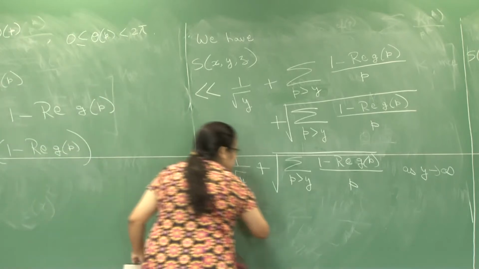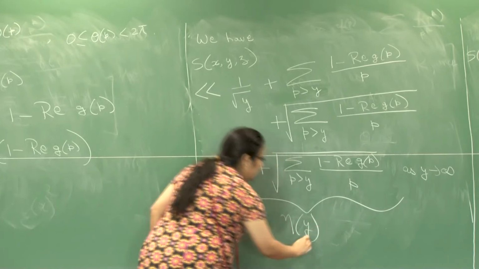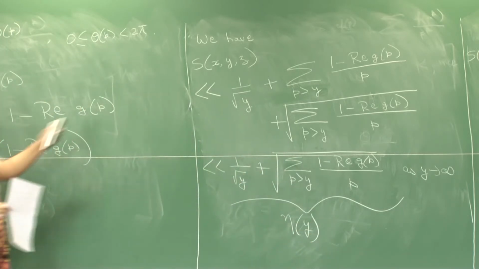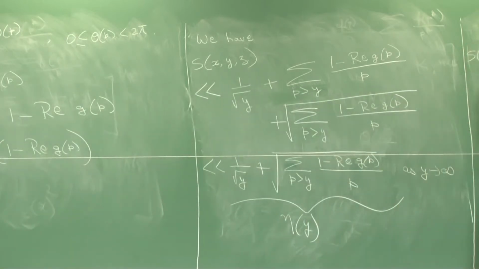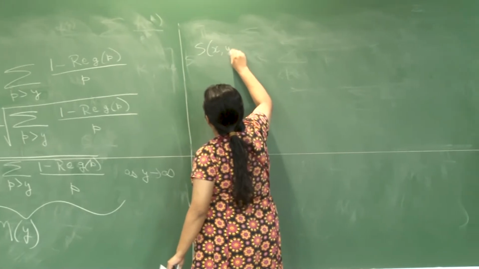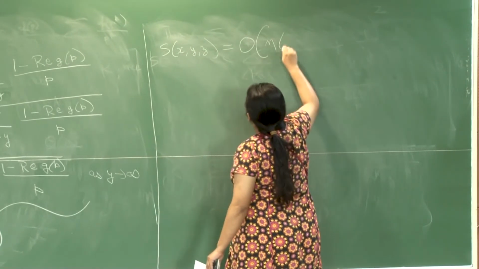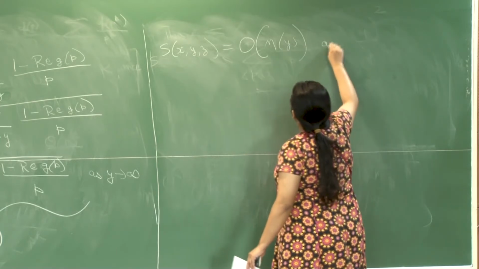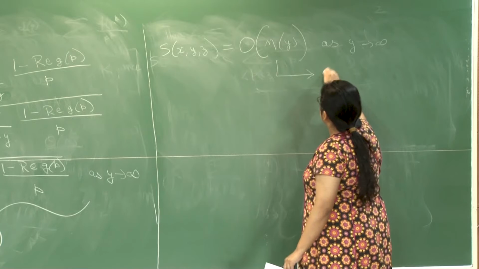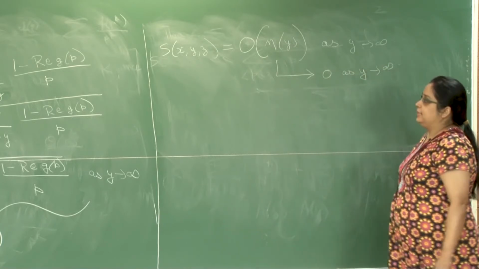Let us call this function, instead of writing this term all the time, let us give it a name. Let us call it eta of y. So, what have you shown? We have S x y of z is O of eta of y as y goes to infinity, and this term also goes to 0 as y goes to infinity.